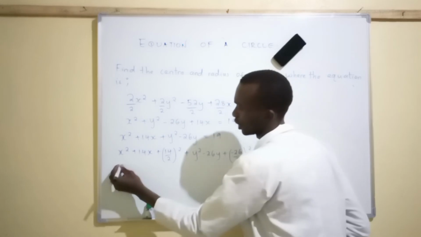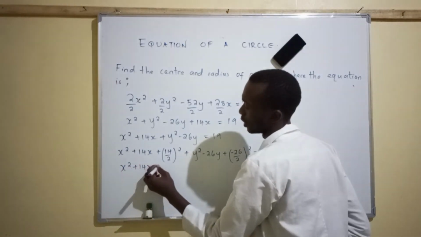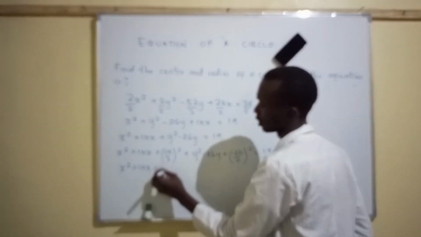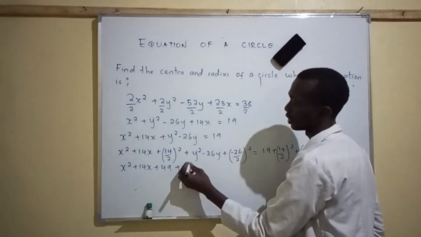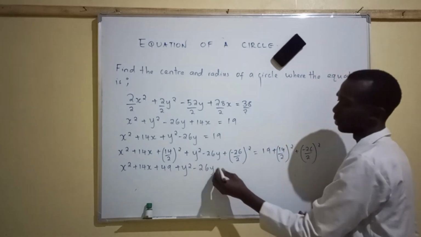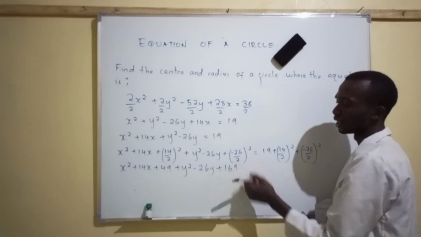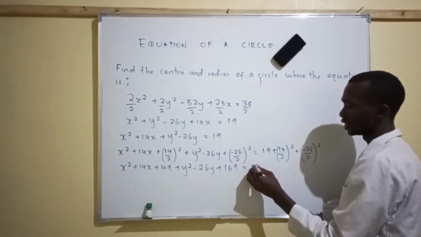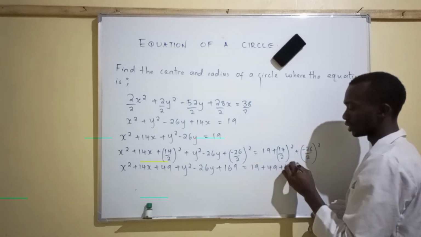So we have x² + 14x + 7², which is 49, plus y² - 26y + 169, that's negative 13 squared is 169, is equal to 19 + 49 + 169.